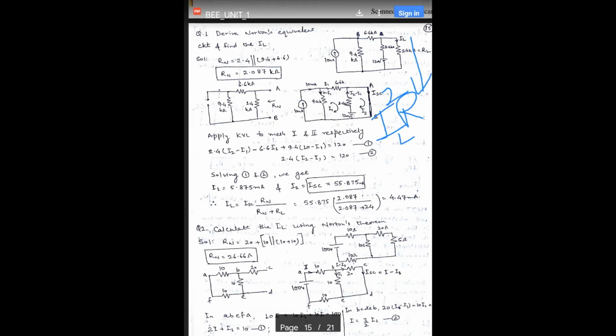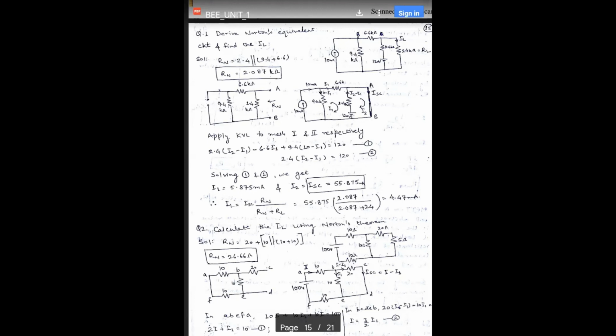The other type is, if the objective of the numerical is to verify Norton's theorem using a particular circuit, then we are required to calculate the load current using Norton's theorem, as well as by one more method of our choice.